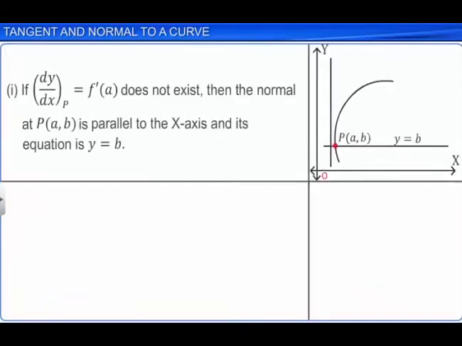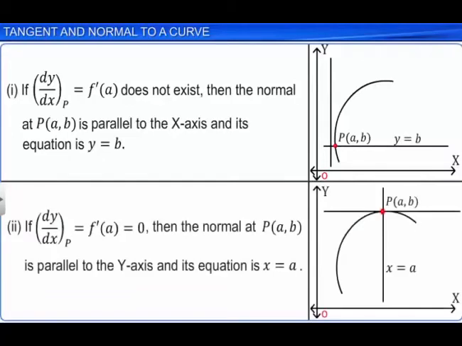If dy upon dx at P does not exist, then the normal at the point P, a comma b is parallel to the x-axis and its equation is y is equal to b. If dy upon dx at P is equal to 0, then the normal at the point P, a comma b is parallel to the y-axis and its equation is x is equal to a.